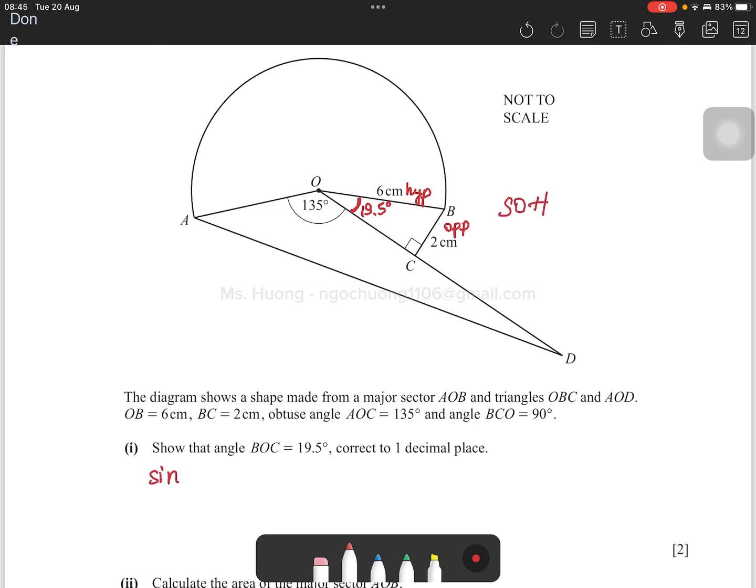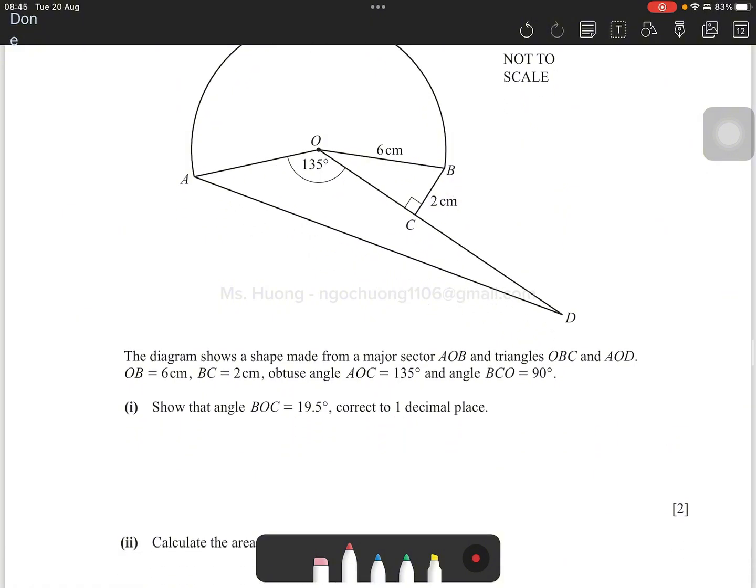Sin of the angle BOC is equal to opposite 2 centimeters over hypotenuse 6 centimeters. So to find the angle BOC, we find the inverse sin of 2 over 6. So the angle is 19.47 degrees. And if you round it to 1 decimal place, it is 19.5 degrees.